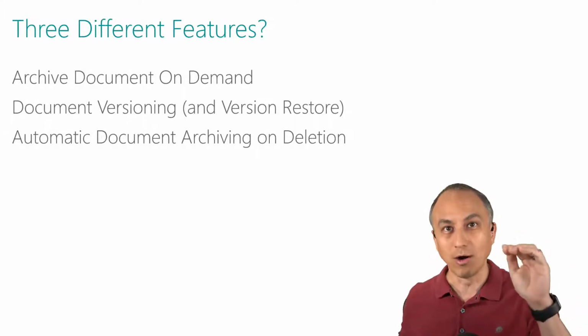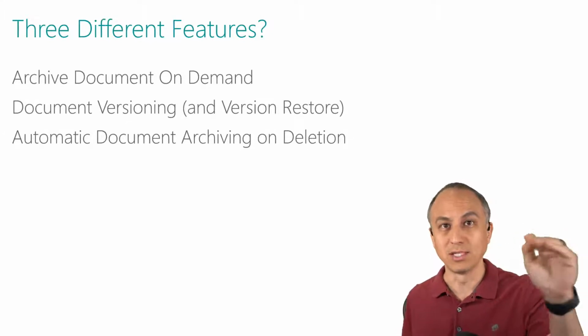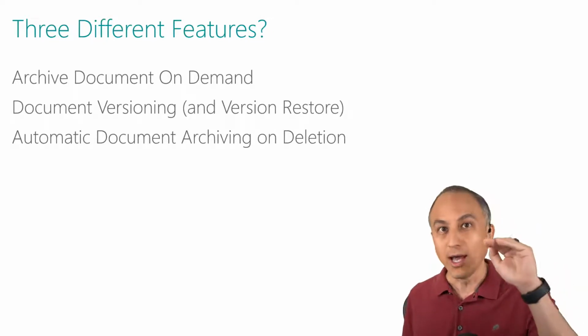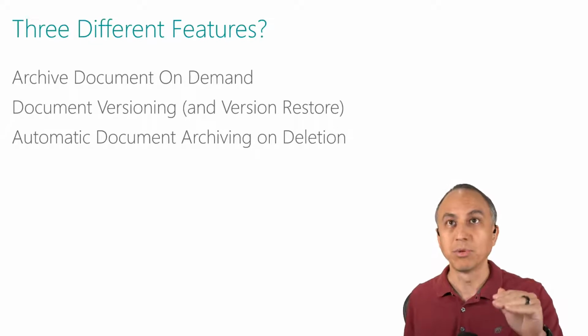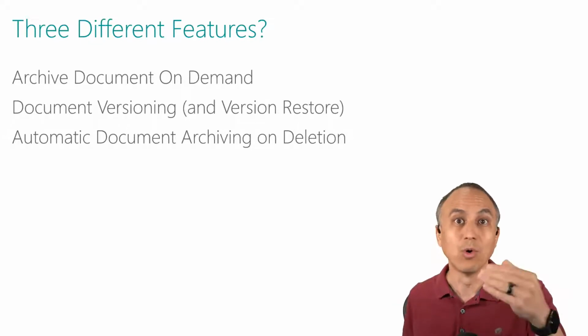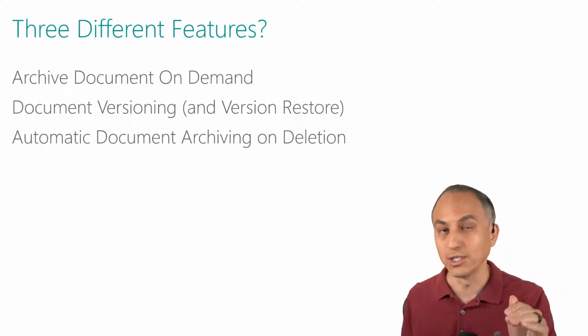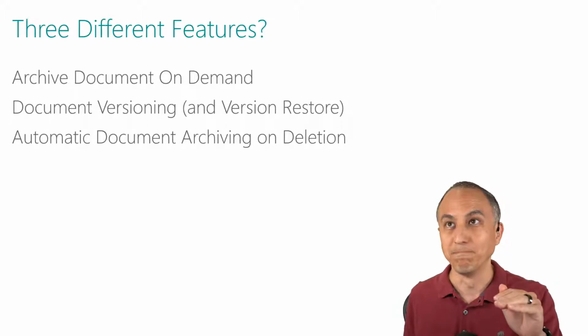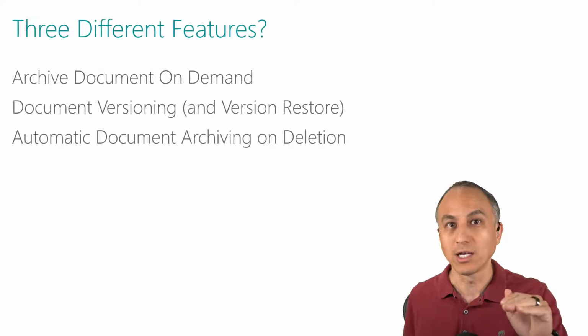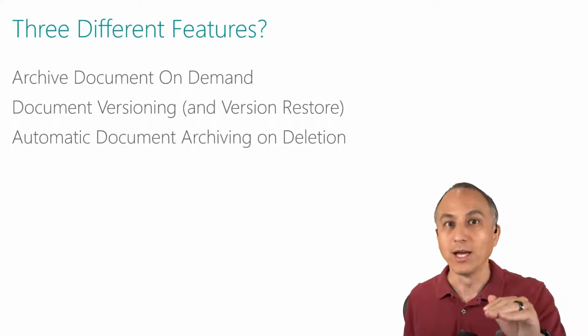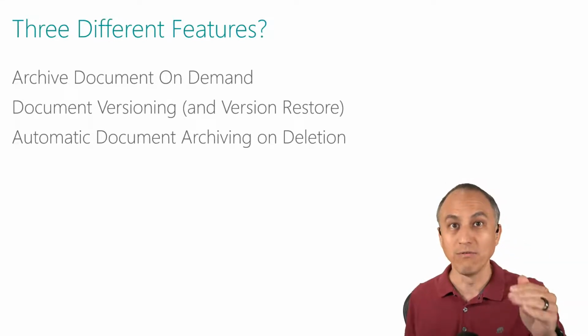Not only can you archive the document at this point in time, you can have multiple archives of that document, which allows you to archive multiple versions of that document. And once you have one or more versions of a document archived, you can restore one of those versions.